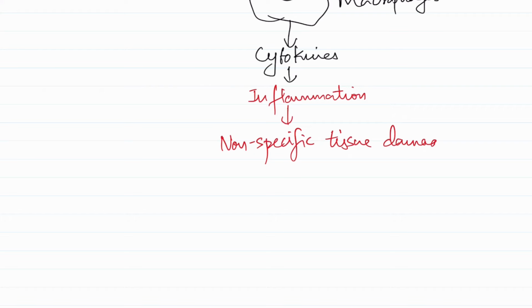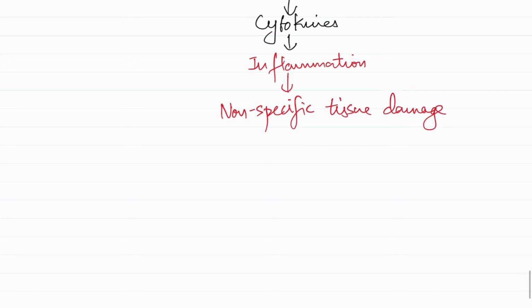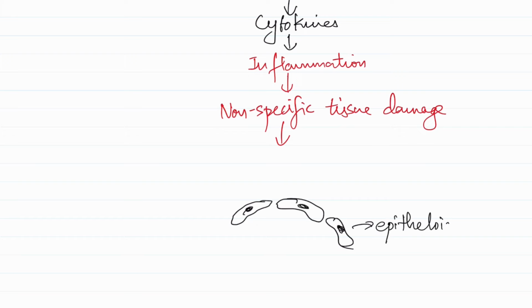This is what is happening in the type 4 hypersensitivity reaction. When this reaction continues, the macrophages will differentiate to form flat cells from their usual shape, and these cells are called epithelioid cells.